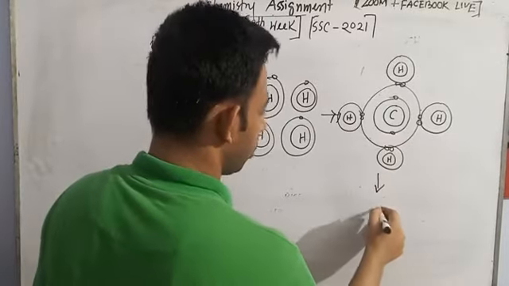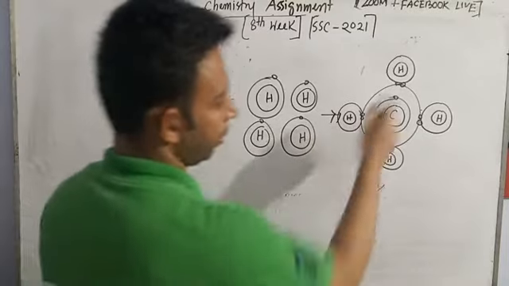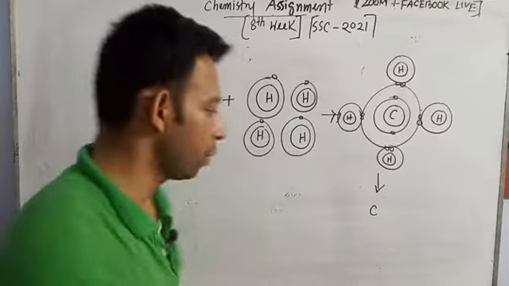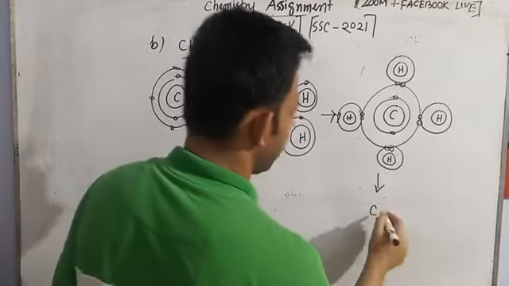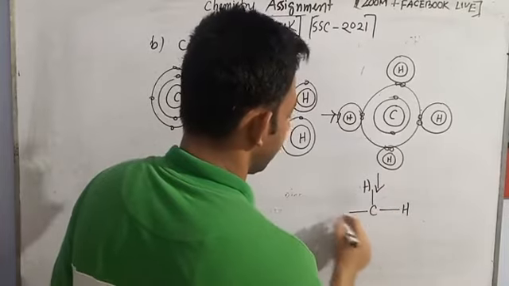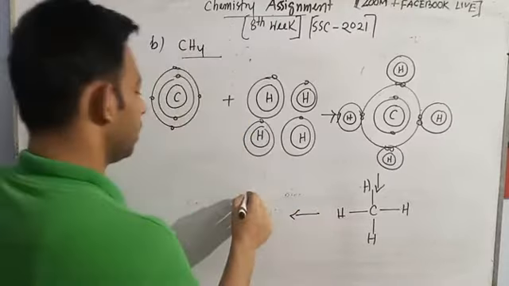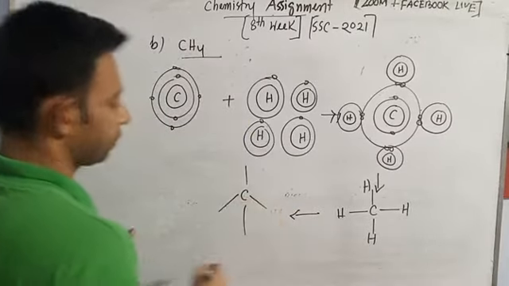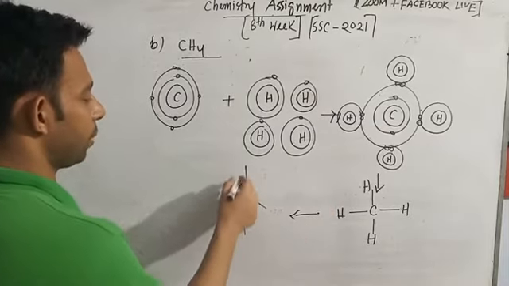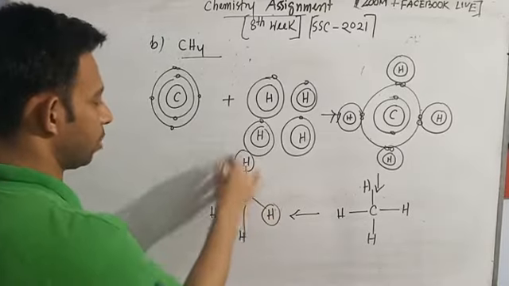So this is the carbon in the center, and 2 electrons make a bond. Keep it in your mind, 2 electrons make a bond. Here is the hydrogen, here is the hydrogen. Actually the figure will be like that, a quadrilateral shape, with hydrogens on the 4 sides.